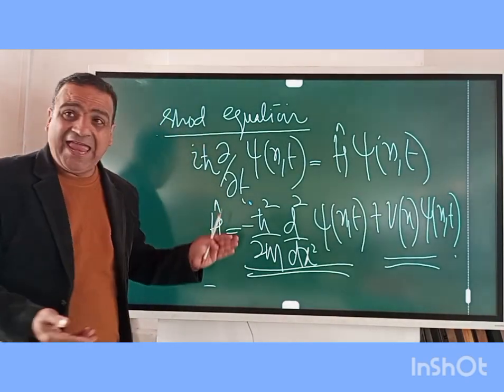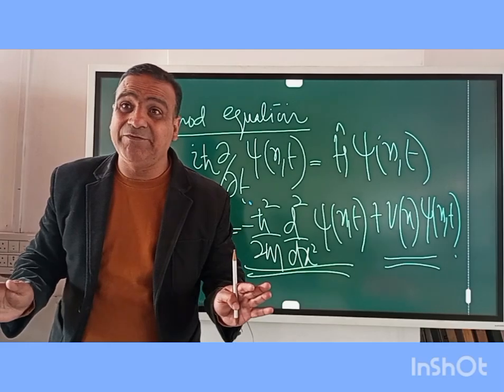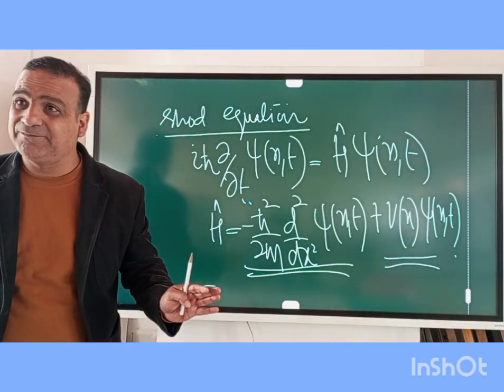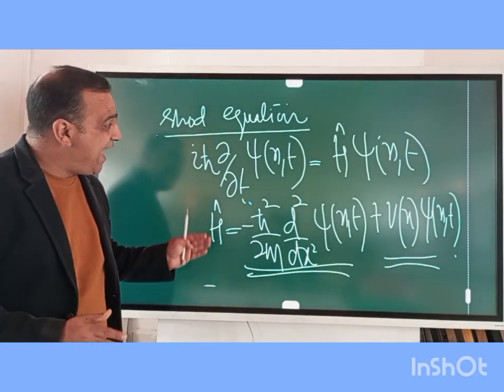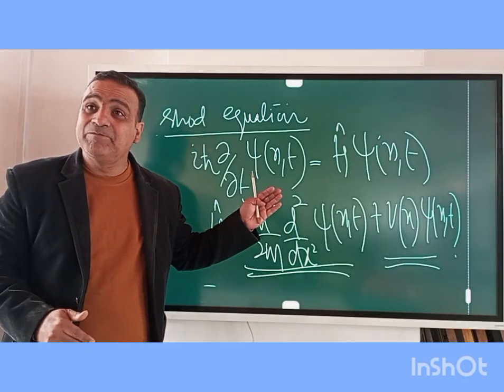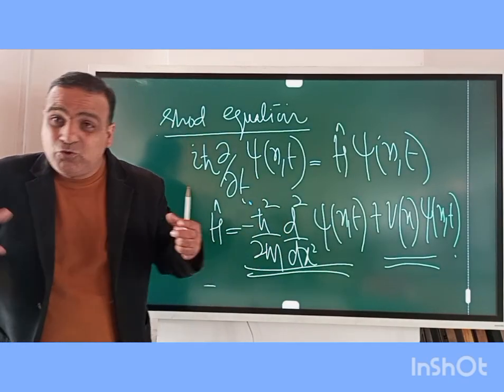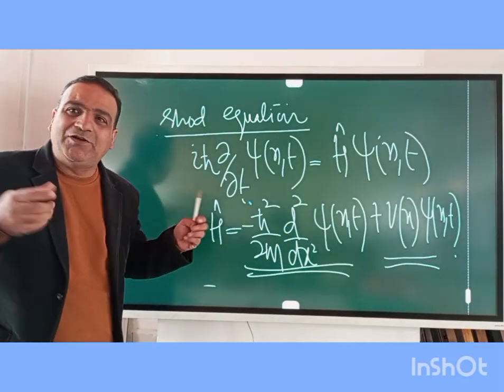And psi, which we have talked about in our previous class, the wave function, right? This psi is a function of x and time. So you have a very complex situation in front of you.